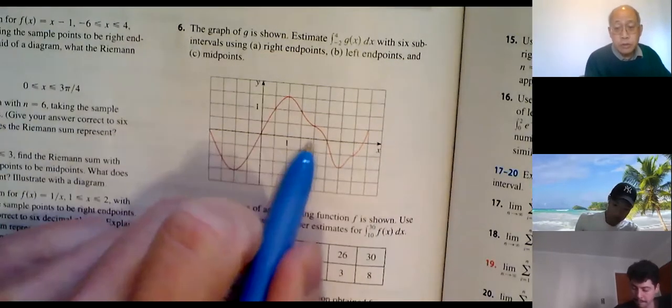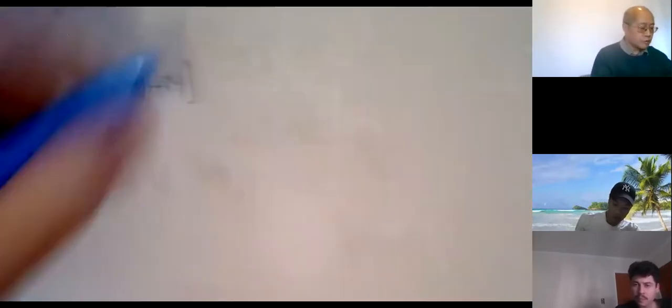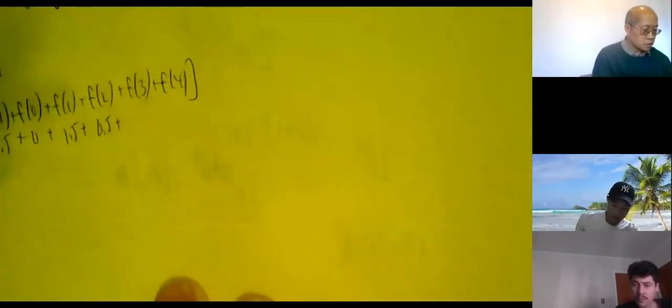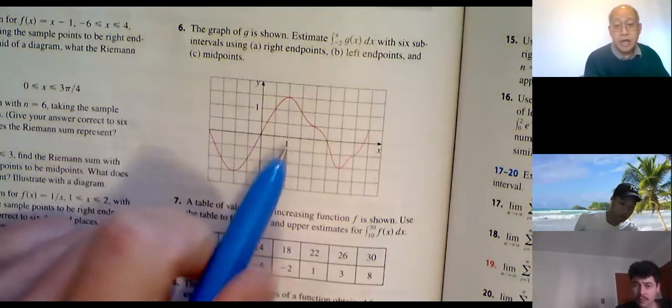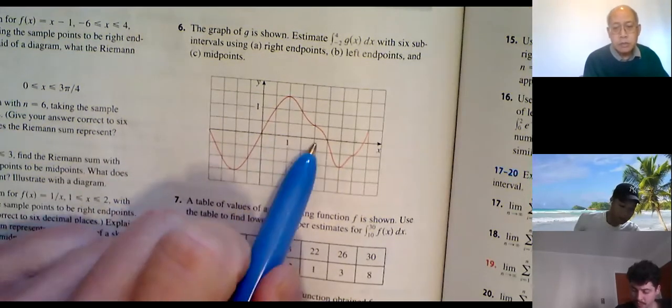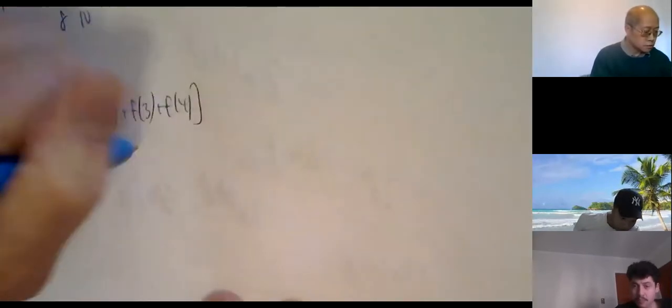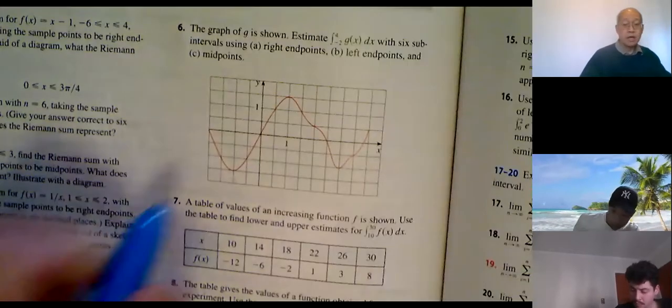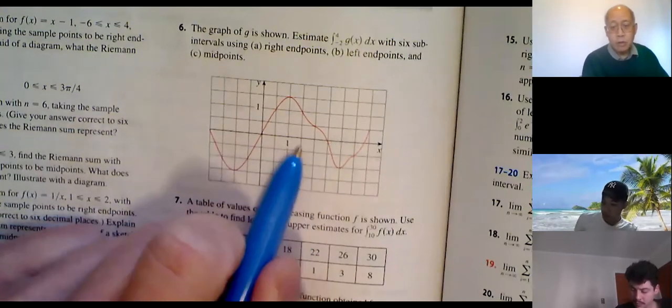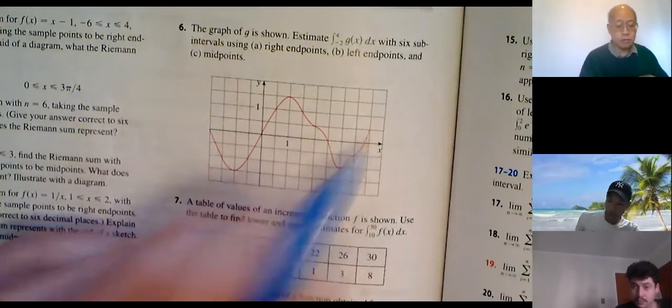F of 2 is 0.5. F of 3, 1, 2, 3, down here, which is -1. And F of 4, 1, 2, 3, 4, at the very end, so that's 0.5.